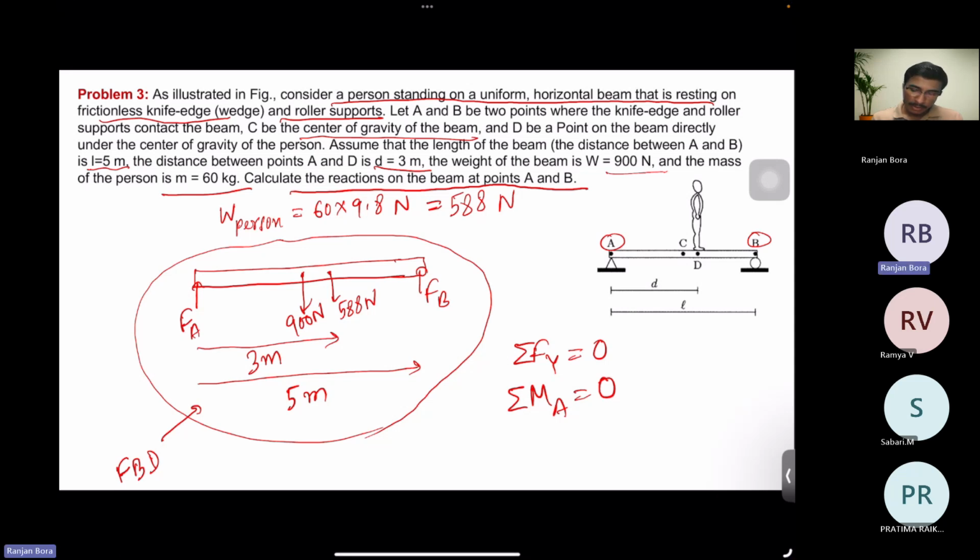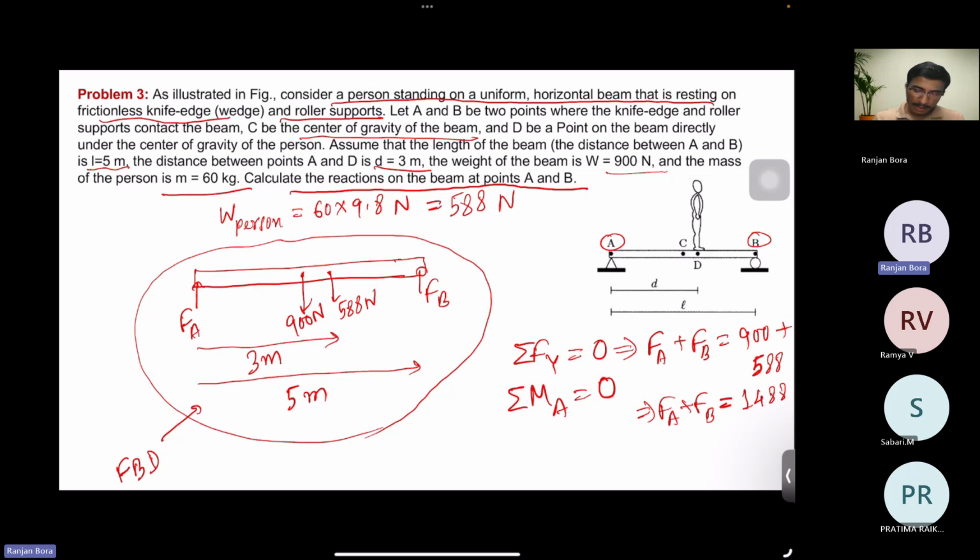So the first equation will give FA plus FB equal to 900 plus 588. It will be FA plus FB equal to 1488.